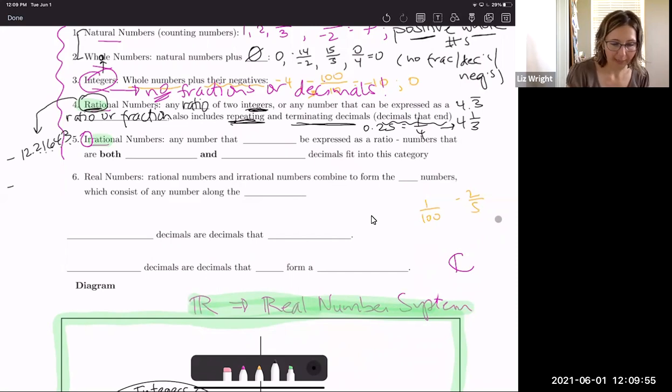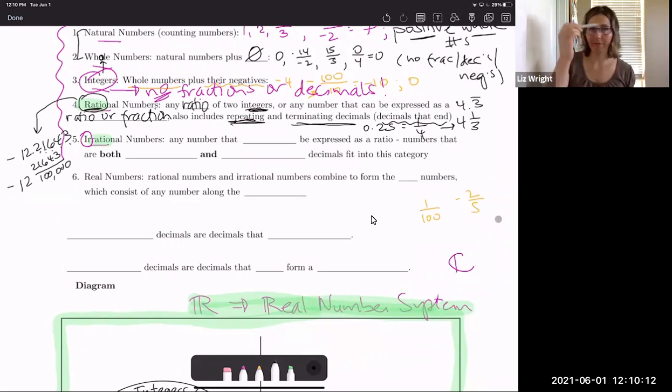So we would write negative 12 and 21643 over 100,000. That's crazy, but we can still write it as a fraction. So therefore it counts as a rational number. It also includes all integers, all whole numbers, all natural numbers.